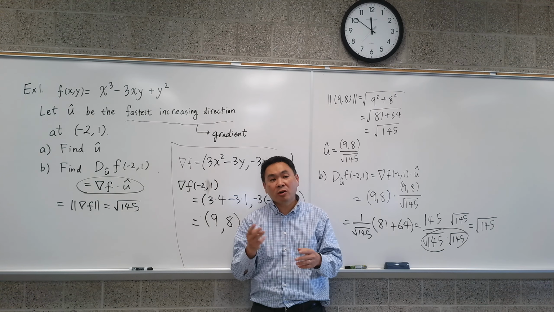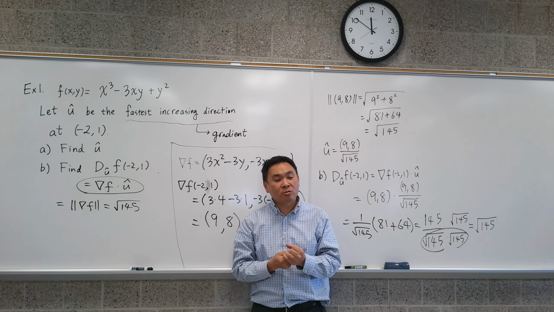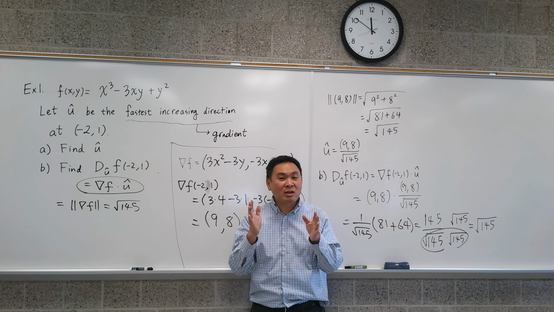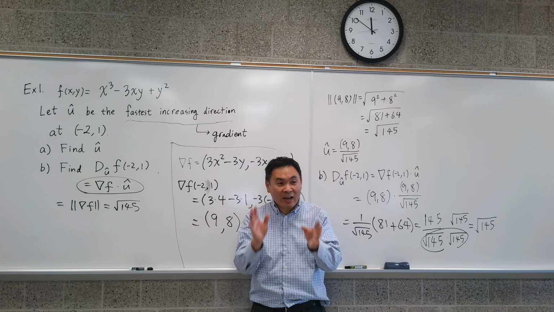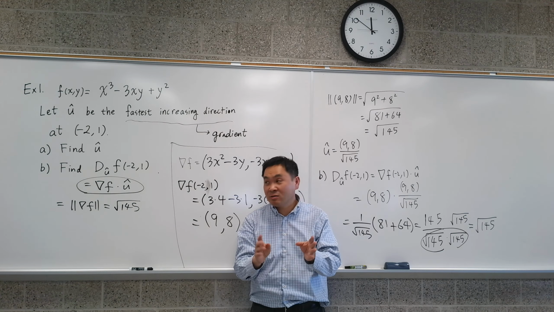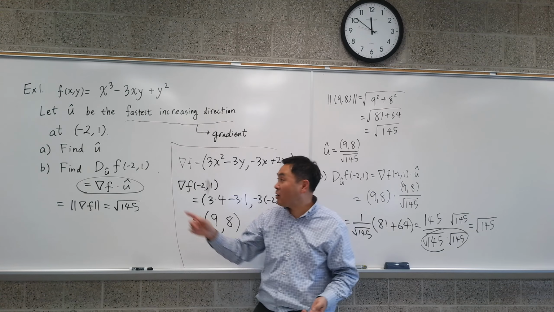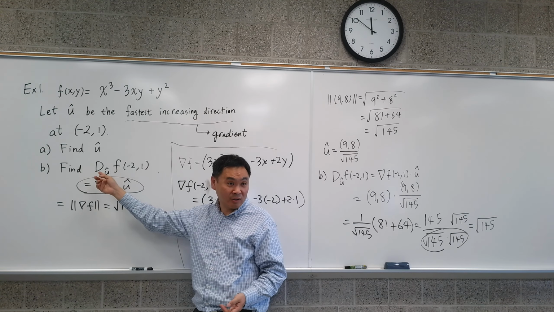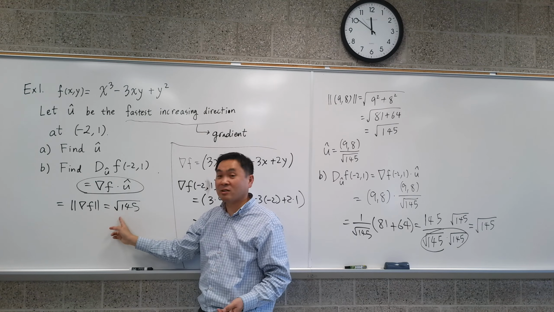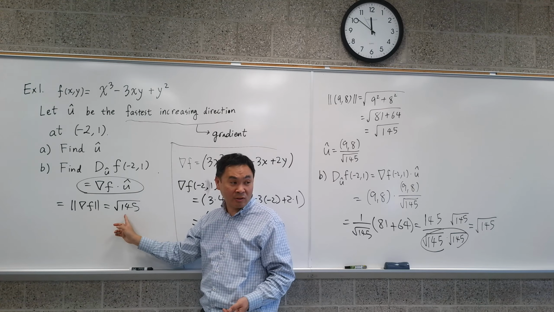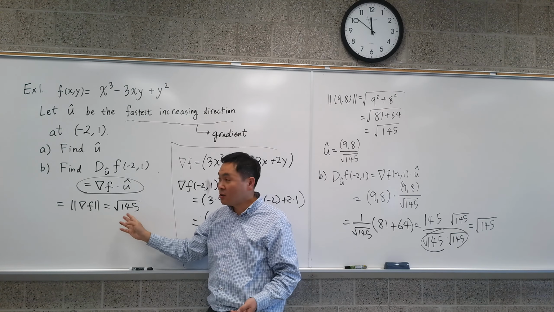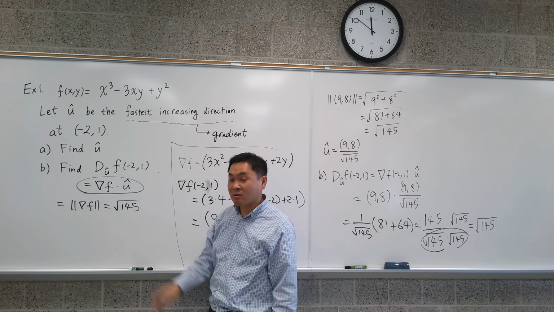But the third one tells you the meaning of the norm of the gradient. The size of this gradient vector is the maximum possible value of the directional derivative, right? And that's why in this case it is the norm of the gradient of f itself.